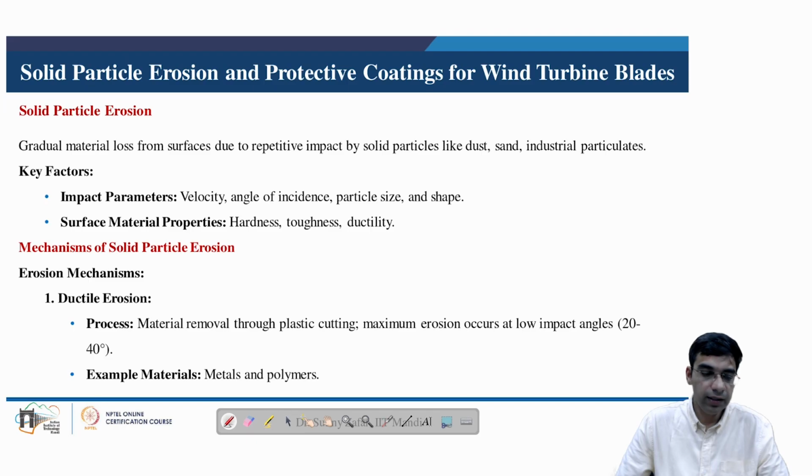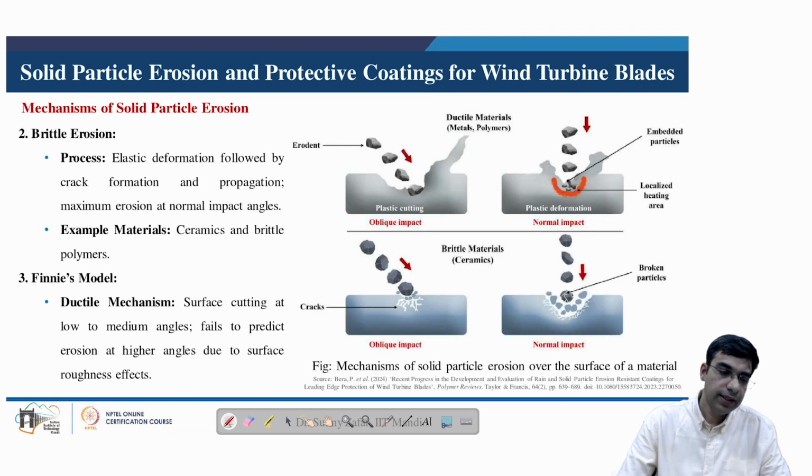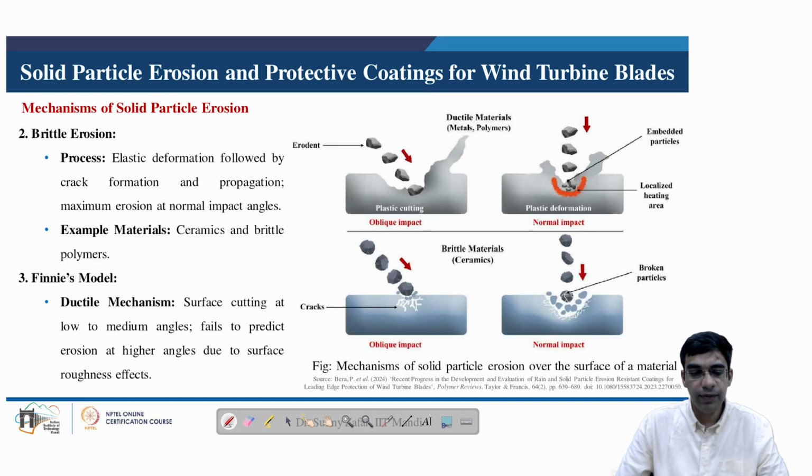Mechanisms of solid particle erosion include ductile erosion, where the material is removed through plastic cutting, and maximum erosion occurs at low impact angles between 20 to 40 degrees. Examples include the metals and polymers. Next is the brittle mechanism, in which elastic deformation is followed by crack propagation and maximum erosion occurs at normal angles.